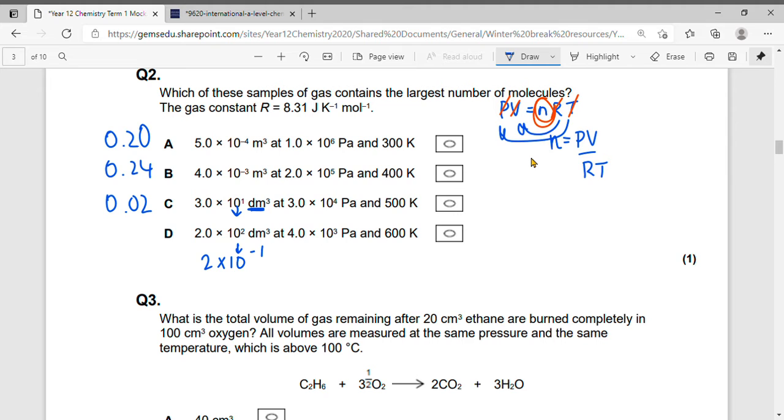So this one is 0.16. So the largest number of molecules, it's going to be B. So I hope that's the right way to go. I'm not really sure about that.